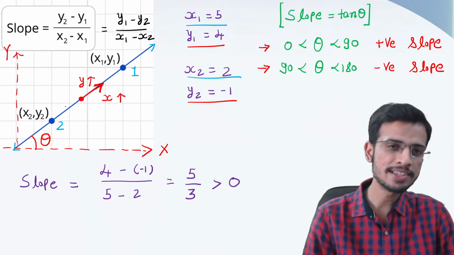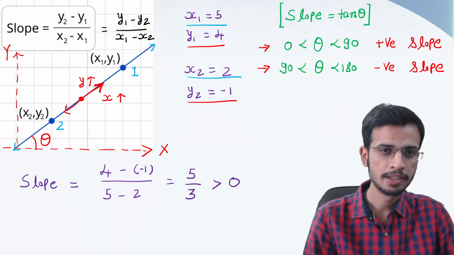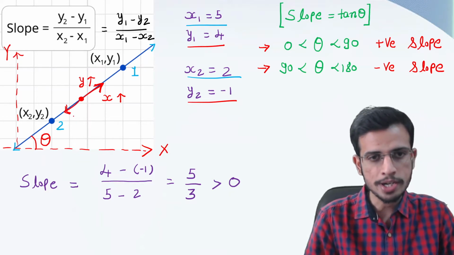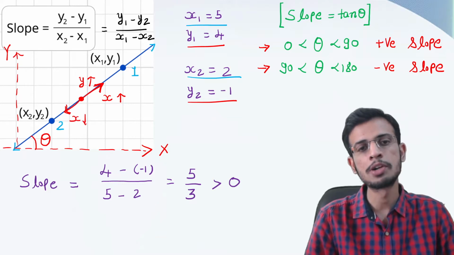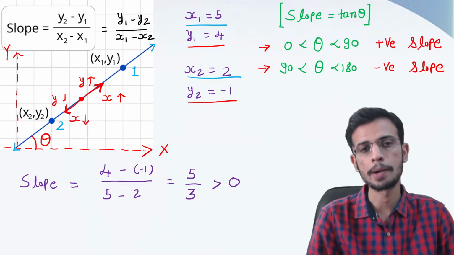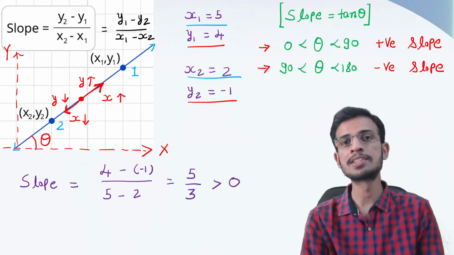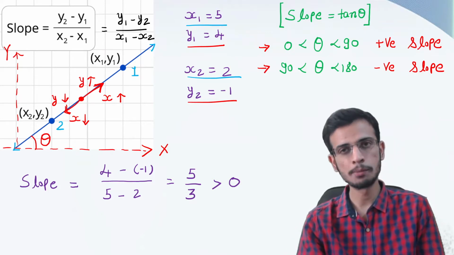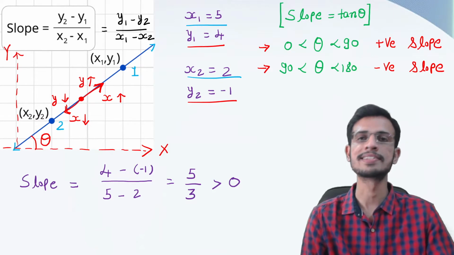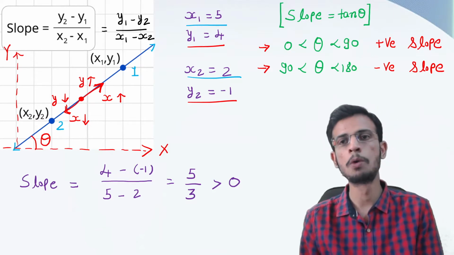And if you move in this direction, if one coordinate decreases, the other coordinate will also decrease in a positive slope. That's why we call it a positive slope. Either both will increase or both will decrease. That is the meaning of positive slope.